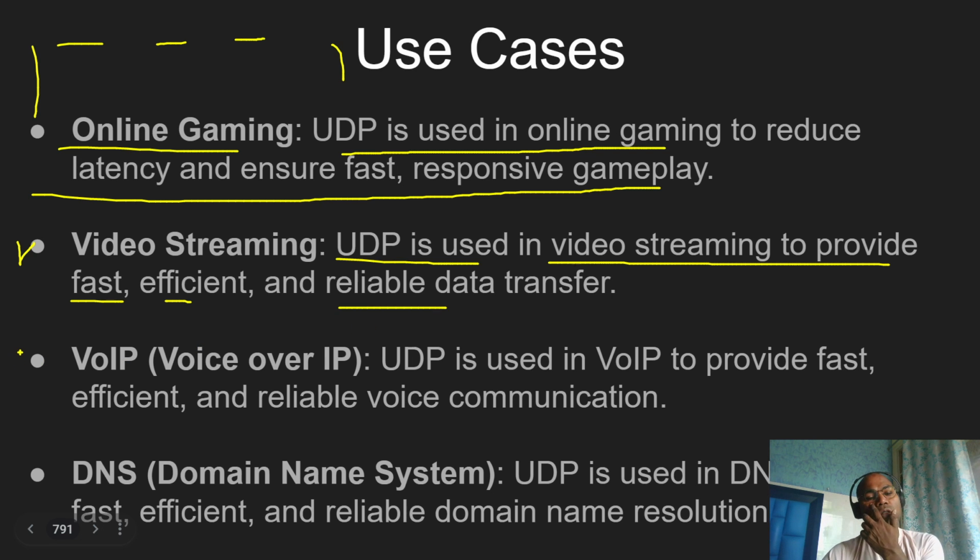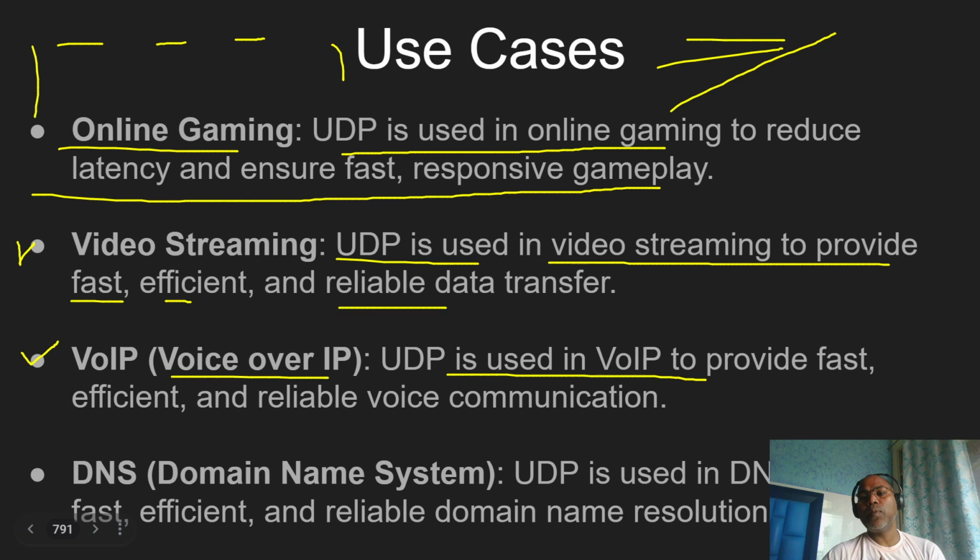And nowadays we are all doing VoIP calls, Skype calls, Facebook calls, WhatsApp calls. For voice over IP, UDP is required because we want fast packet transfer, but no specific dedicated connection is required.